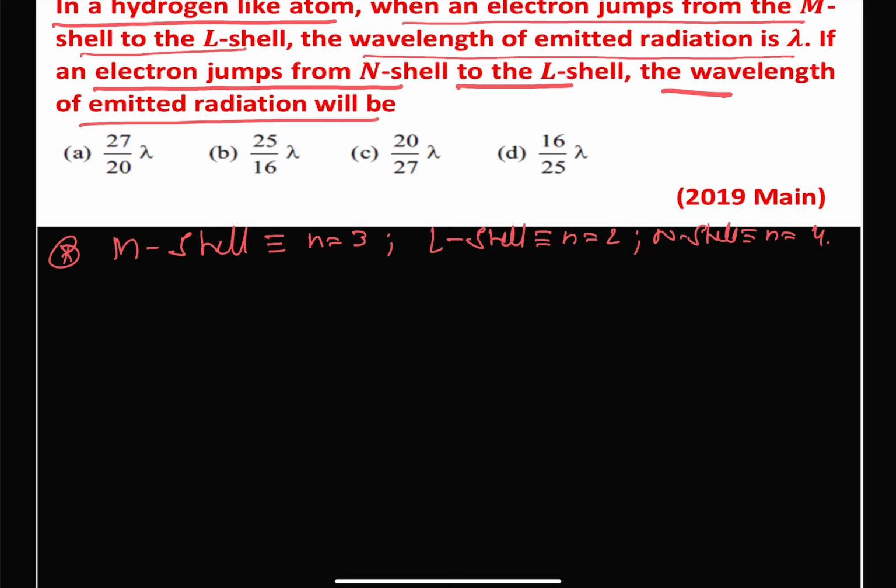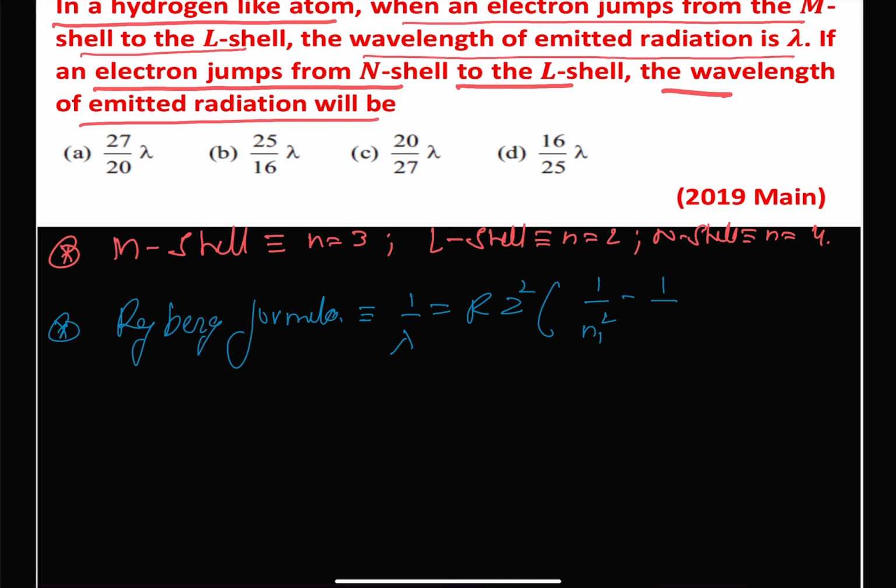We need to find the wavelength, so we can use the Rydberg formula. The Rydberg formula gives us 1 over lambda is equal to R Z square times (1 upon n1 square minus 1 upon n2 square).